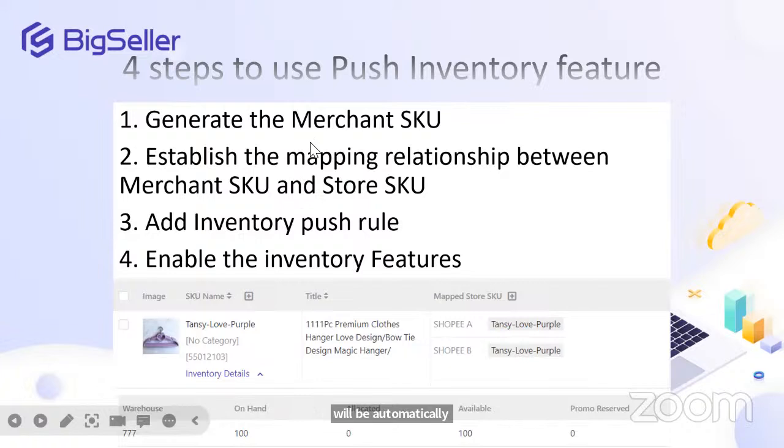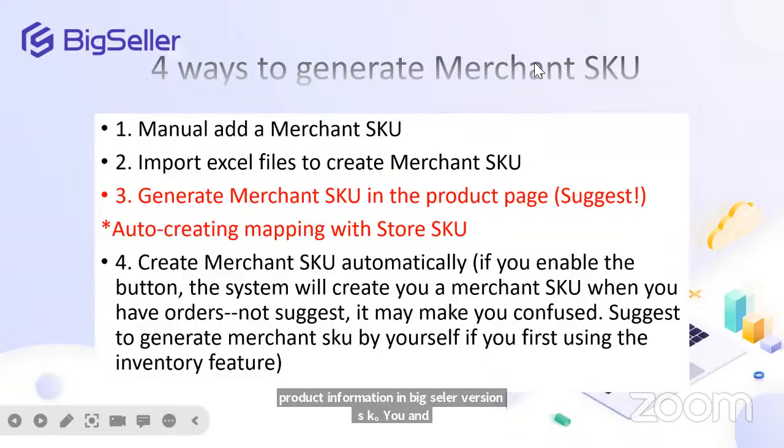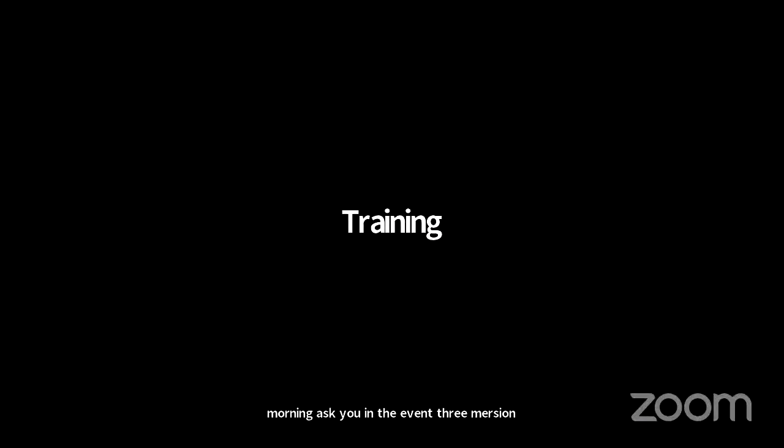Okay, so let's go for the push inventory step by step. For the first step, to generate the merchant SKU, to fill in the product information in Big Seller. Actually in Big Seller, we have 4 ways to generate the merchant SKU. The first one is that you can manually add the merchant SKU in the inventory merchant SKU page. Okay, let me show you.